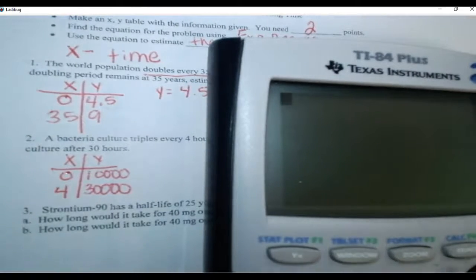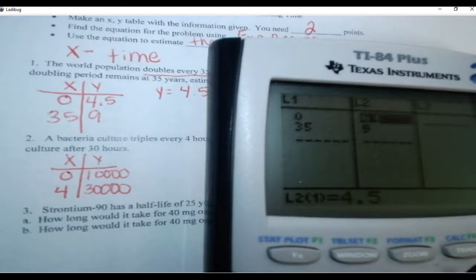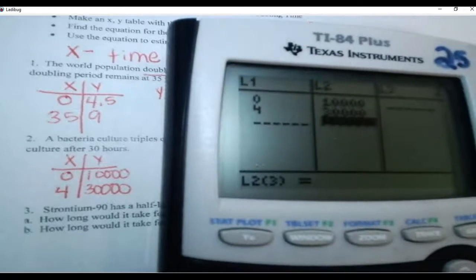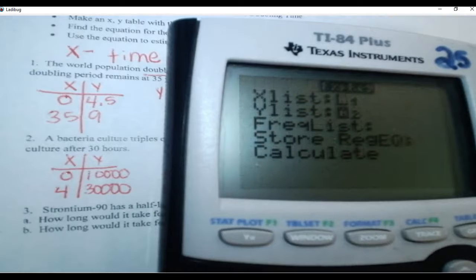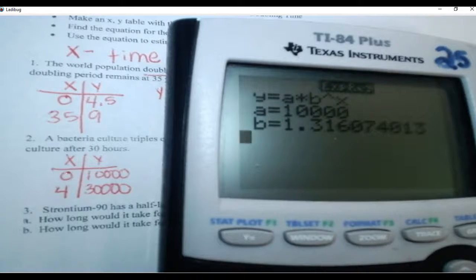So we type them in. So stat, enter. We have 0 and 4, 10,000, 30,000. Then we go stat, calc, 0. And there it is.